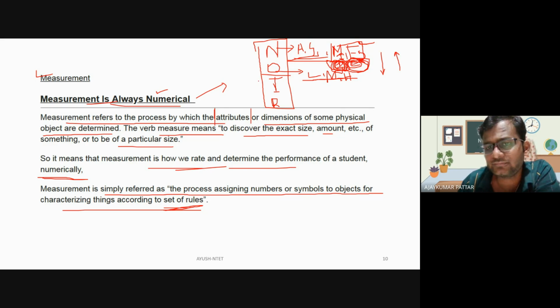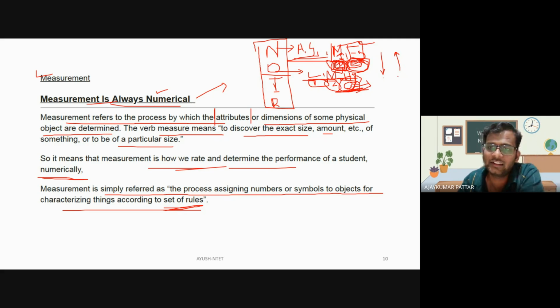Here also we can assign numbers: for low you can give 1, medium 2, high 3. So if the number is 3, it means high performance. The number itself does not have any value, but we are just representing this high ordinal thing as 3.